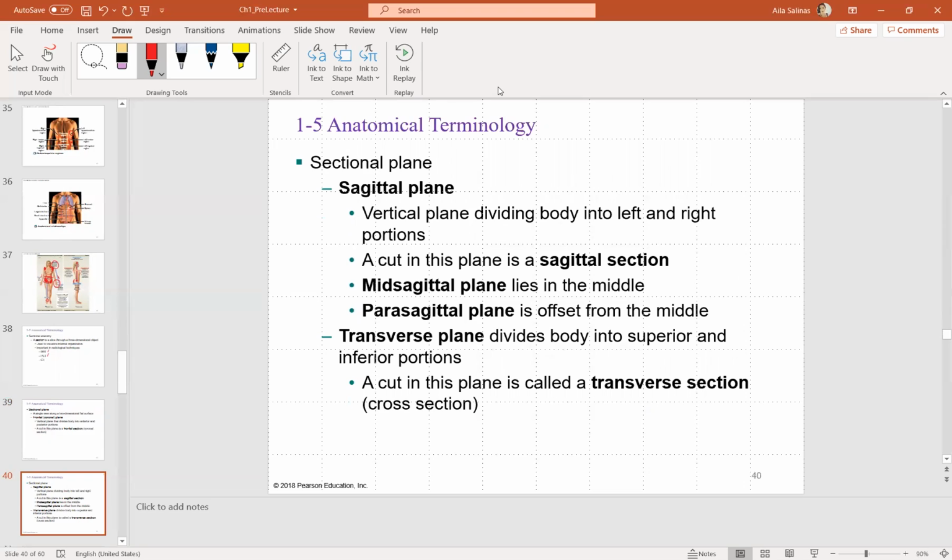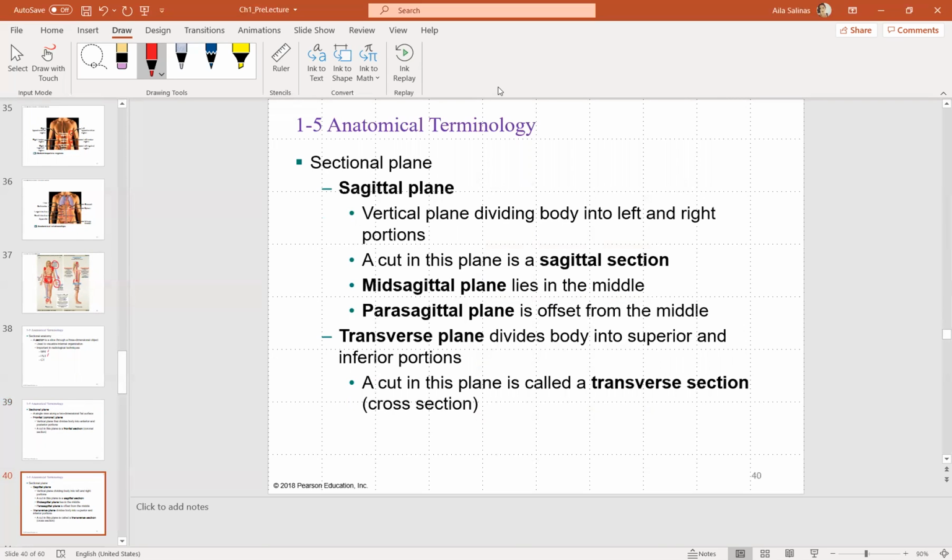We have the sagittal plane that I told you before, that divides the body into left and right. So a cut right in the middle of our body is called the mid-sagittal plane.